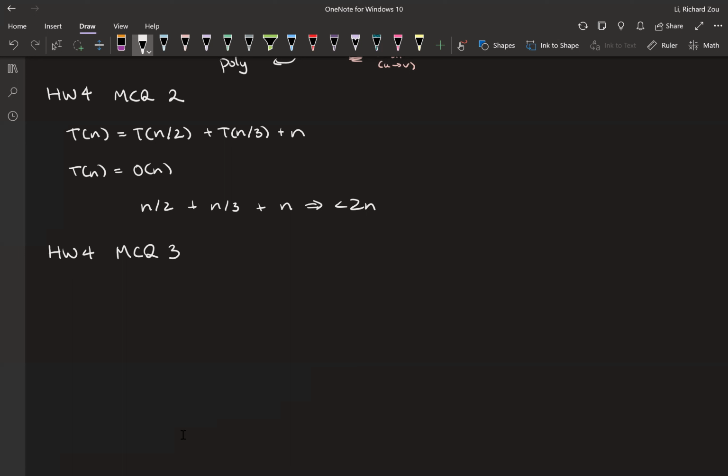NP hard means that it's at least as hard as any other problem in NP. Did you guys formally cover what the definition of NP was in class? If not, then the notation I'm using might be a little confusing. At some point, yes. Okay. So if it's NP hard, then it's at least as hard as any other problem in NP. And in general, NP hard and NP complete are equivalent.